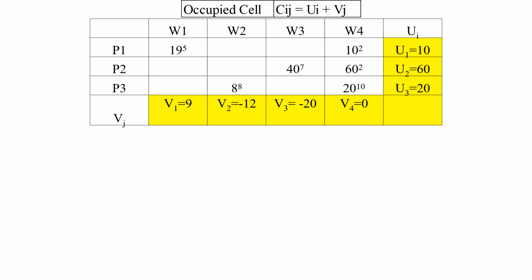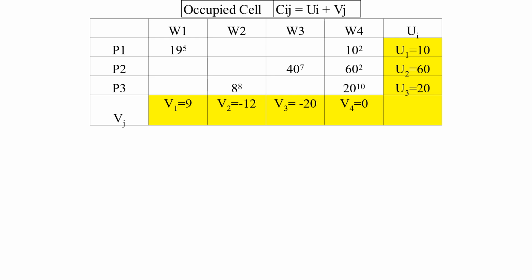In the particular row or column where there are maximum allocations, you see that in W4, or column number 4, there are 3 allocations. For that column, V4, you have to put 0. That is the procedure, or the theory, highlighted in the MODI method.